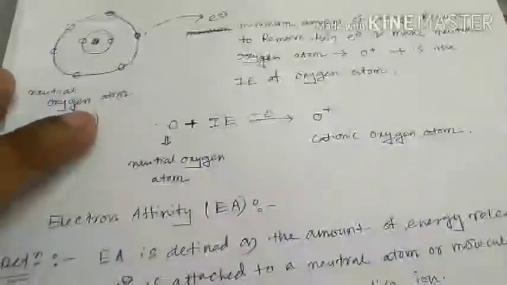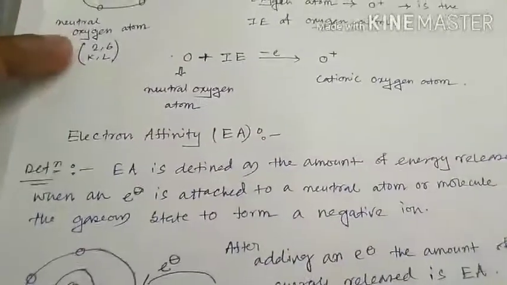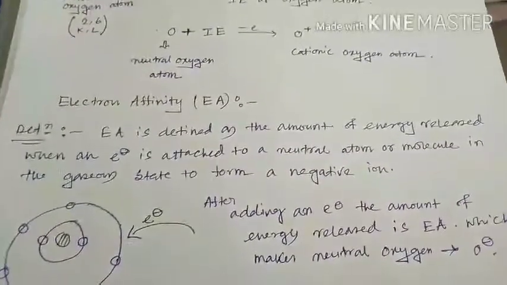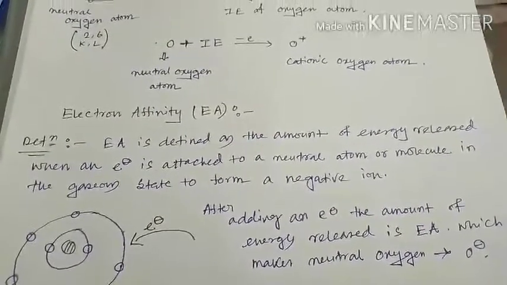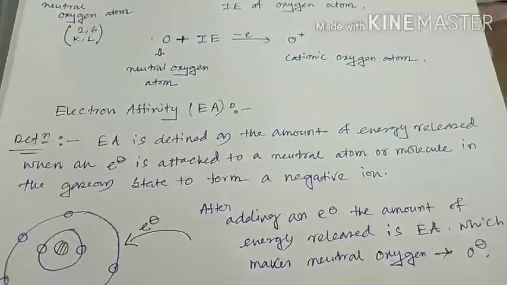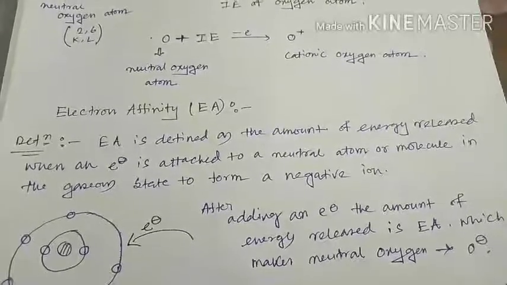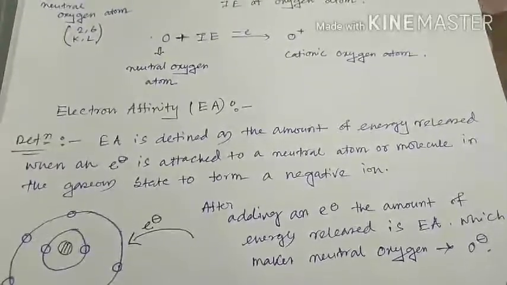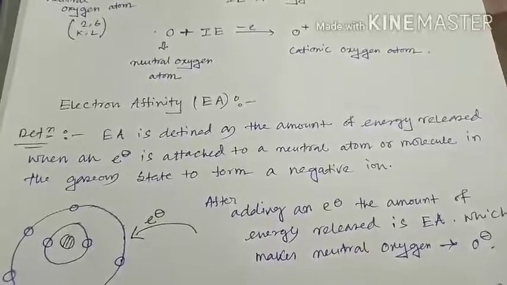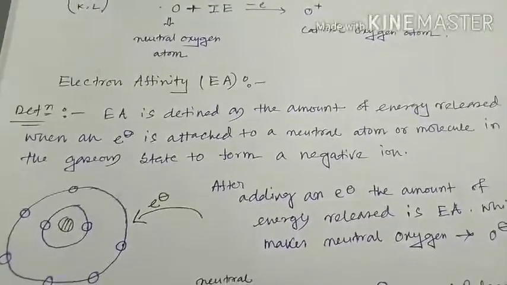Okay, so the next topic is electron affinity. So what is electron affinity? Electron affinity, or EA, is defined as the amount of energy released when an electron is attached to a neutral atom or molecule in the gaseous state to form a negative ion. It is opposite to ionization energy.